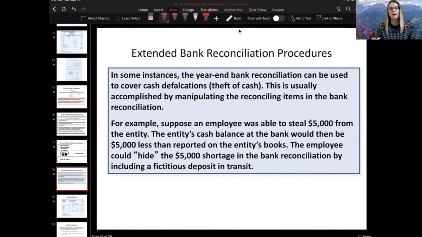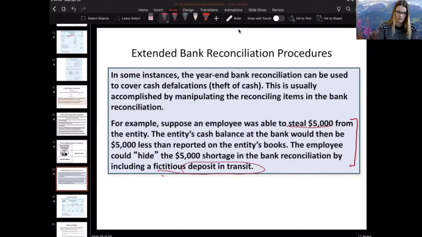An example of why you would do these types of procedures and how they could catch fraud is described here. It basically talks about how an employee could steal cash. So let's say you could steal $5,000, and then, of course, your cash balance would be $5,000 too low. So the way you could hide that is in the bank reconciliation. You could cover the shortage by including a fictitious deposit in transit, right?